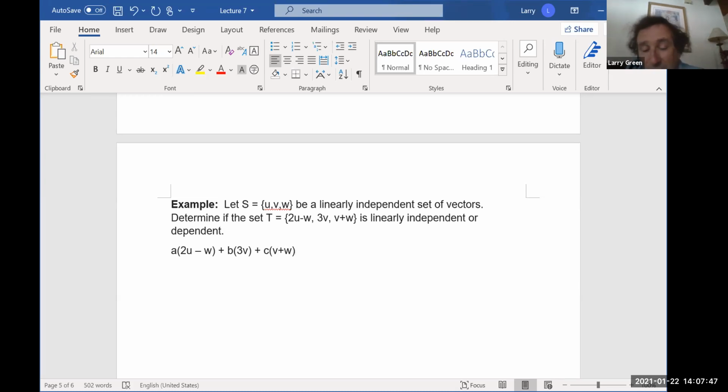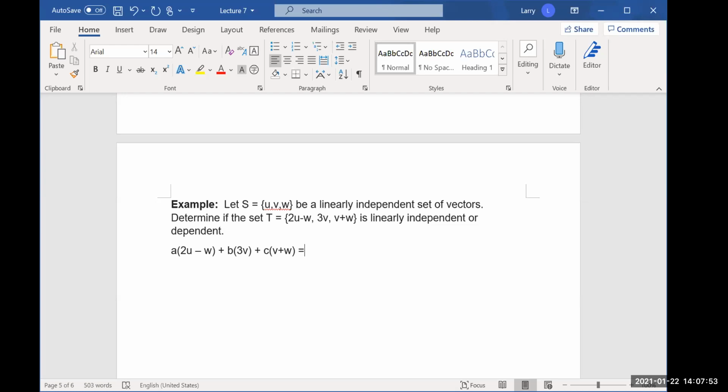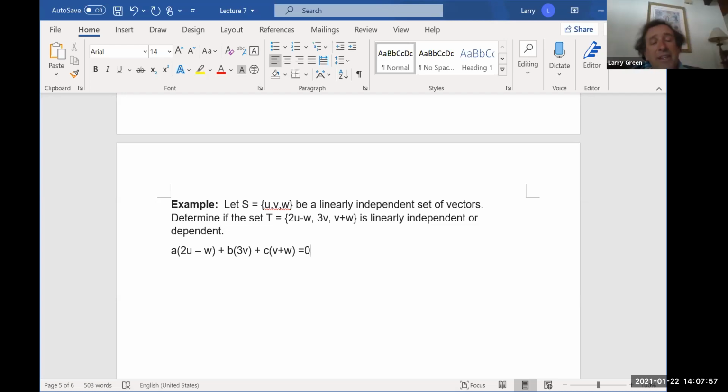And I set that equal to what? Not T. No, 0, right? The zero vector, because that's what the definition of linear independence means. Any questions on that? All right, and notice that A, B, and C are scalars, and U, V, and W are vectors. So it's important to notice that.